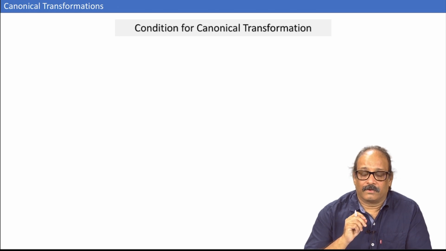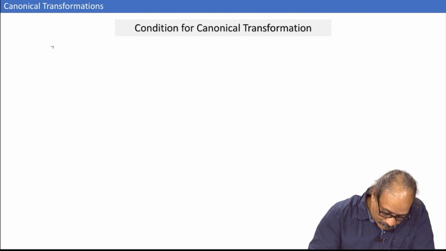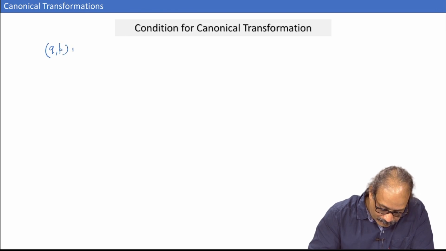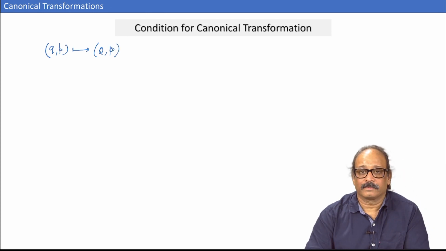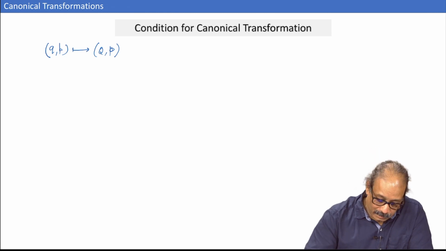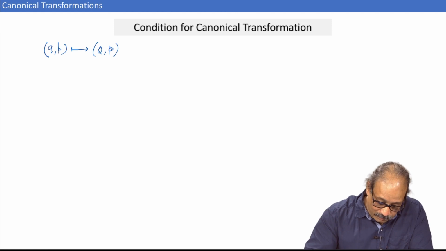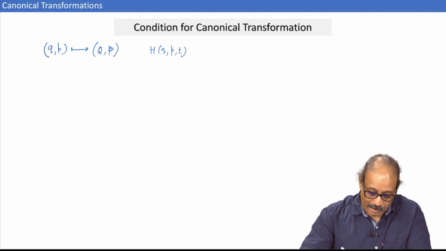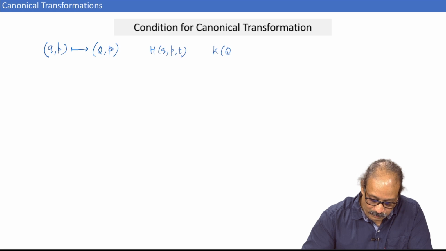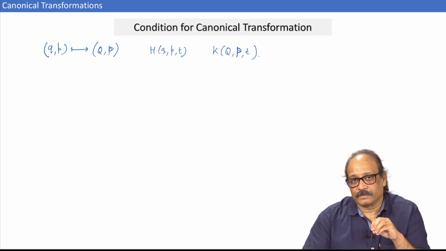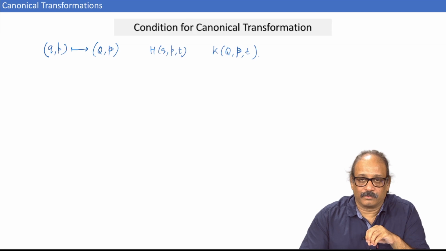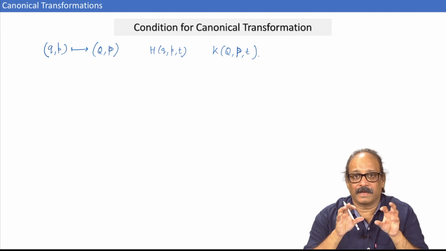What we are going to say is this: I have original variables, you make a transformation to a new set of variables capital Q and capital P, and the Hamiltonian in the old set is given by H, and the new Hamiltonian is given by K. Both these will have the same equations of motion, or the structure will be preserved, if they are drawn from the same Hamilton's principle.